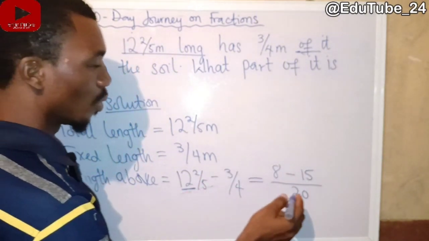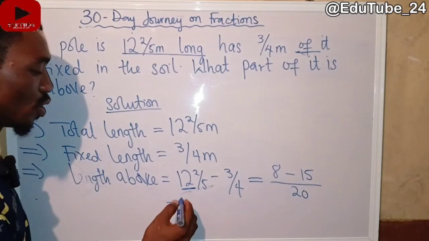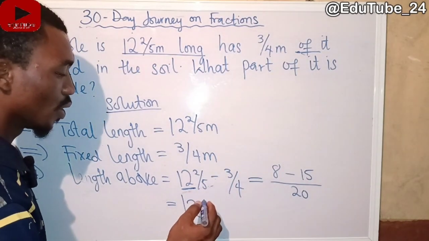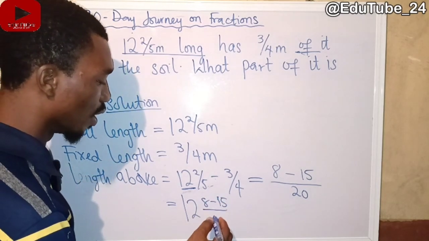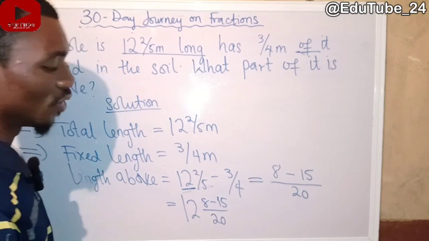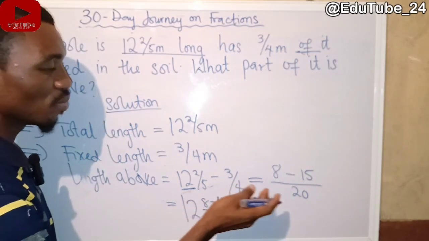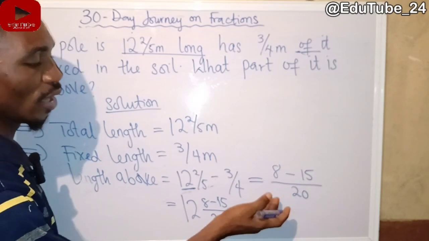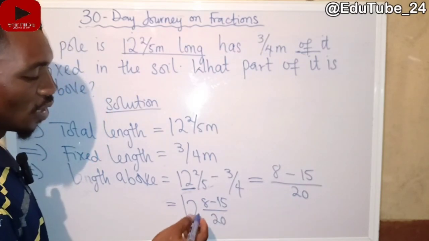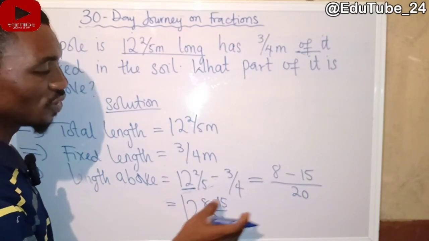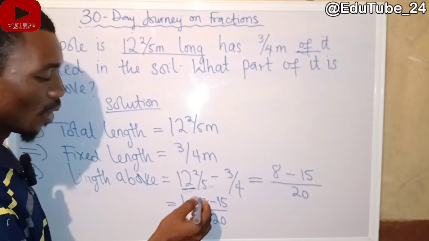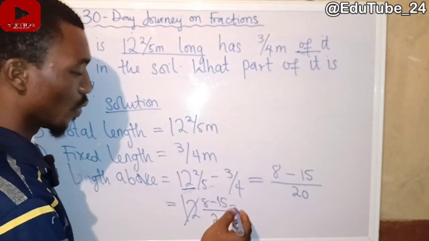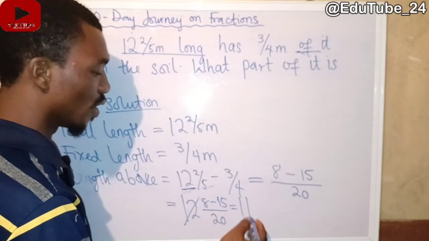That is where I'm going to bring back this 12. So I'm going to rewrite the equation to be 12 whole number 8 minus 15 over 20. Why did I do that? So that I can keep track of my work, so that I don't miss any step. Now, I'm going to borrow from this 12 so that I will have a new whole number, which is 11.